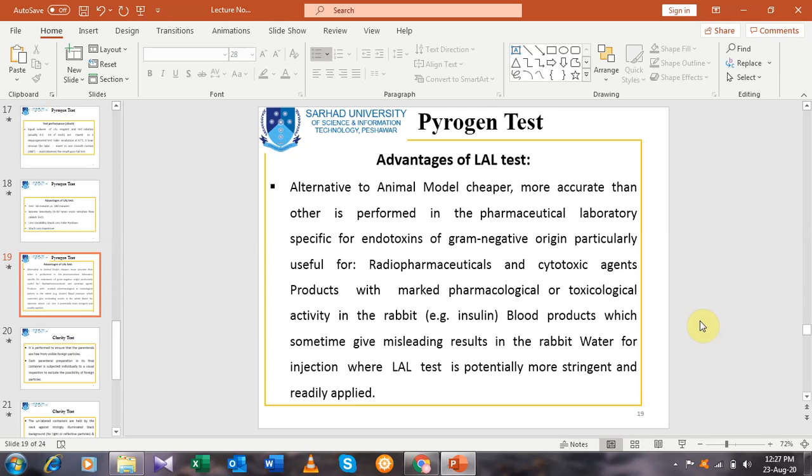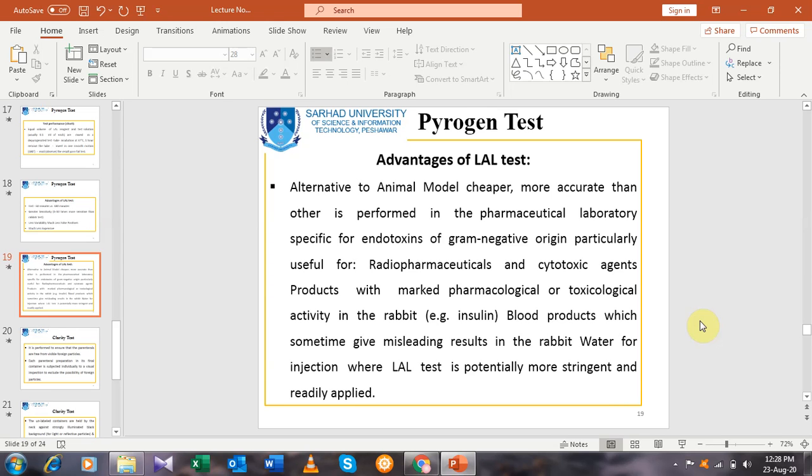Another advantage of the LAL test is that it is an alternative to the animal model, cheaper, and more accurate and precise than the other method performed in the pharmaceutical laboratory. It is specific for endotoxin of gram-negative origin, and particularly useful for radiopharmaceutical and cytotoxic agent products with marked pharmacological or toxicological activity in the rabbit.